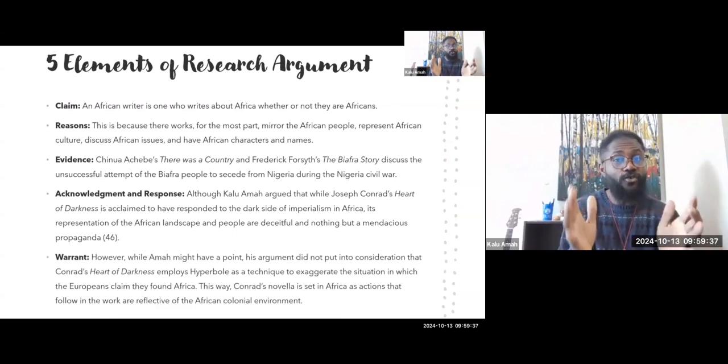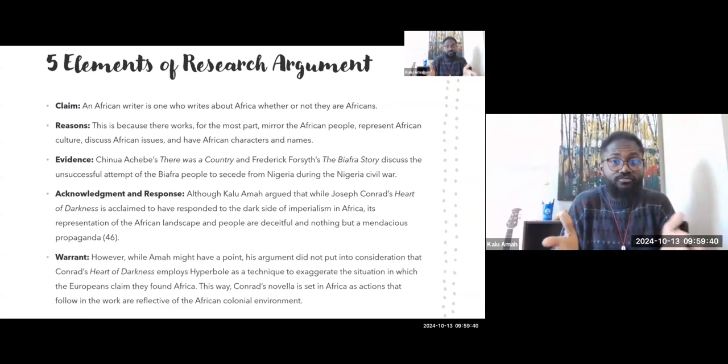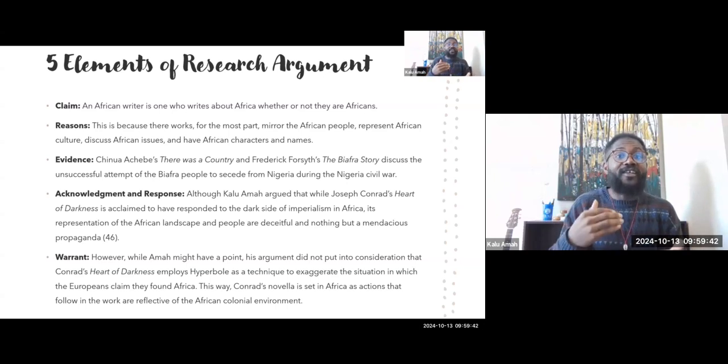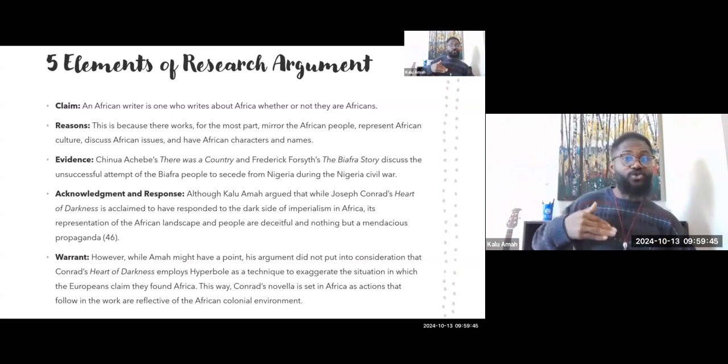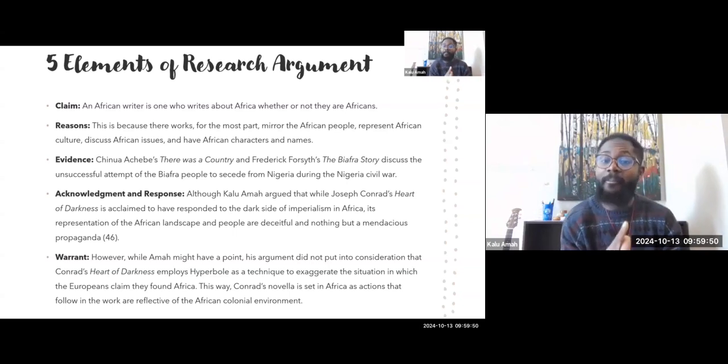But then you, the writer making this argument, acknowledge that contradictory view to yours, and you now address it. However, while Amma might have a point, his argument did not take into consideration that Conrad's Heart of Darkness employs hyperbole as a technique to exaggerate the situation in which the Europeans claimed they found Africa. This way, Conrad's novella is set in Africa, as actions that follow in the work are reflective of the African colonial environment.